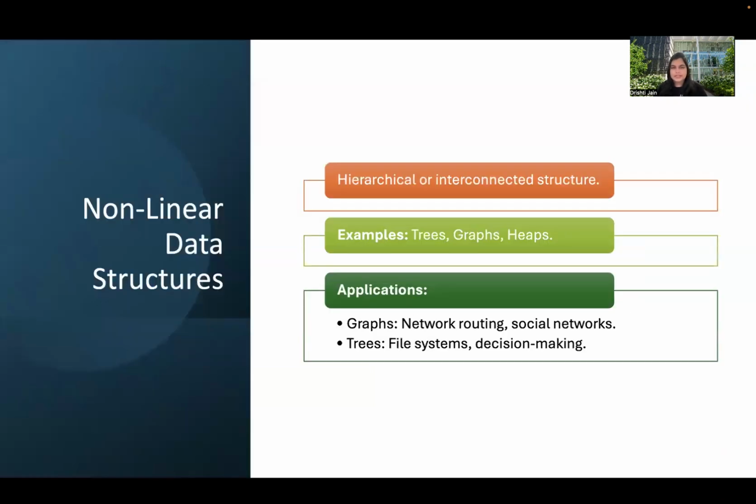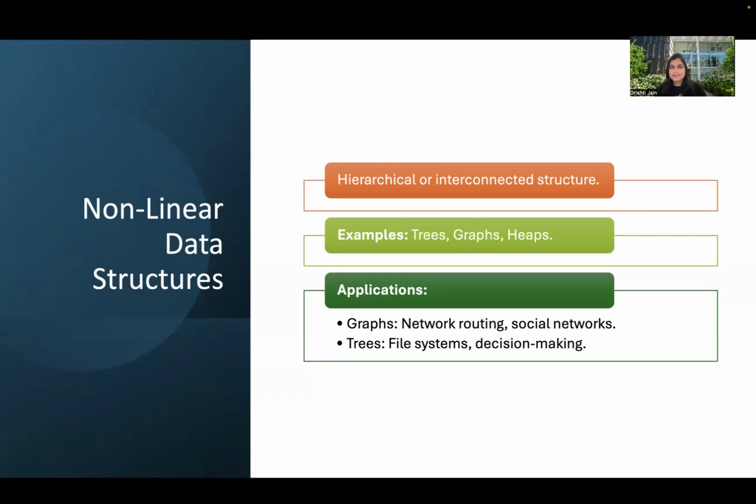Talking about non-linear data structures, and this is going to be a key part of advanced data structures. These are hierarchical or interconnected structures. For example, trees, graphs, heaps, all of these are examples of non-linear data structures. A few key applications of these. If we talk about graphs, network routing, social networks.